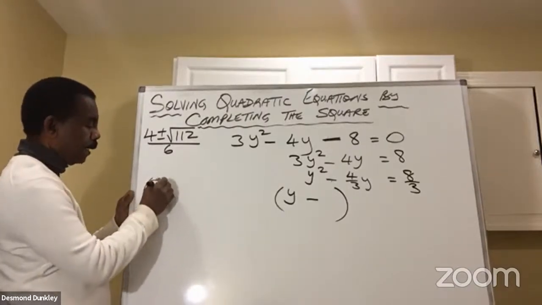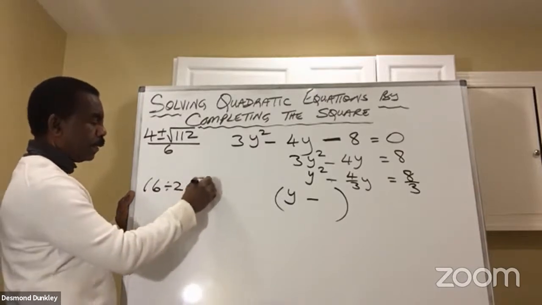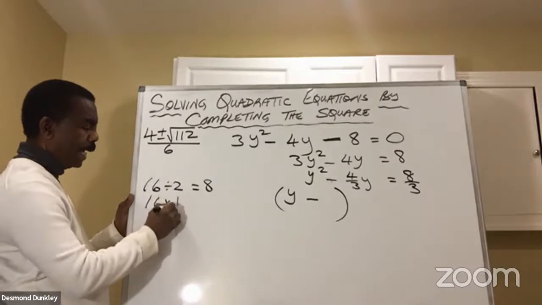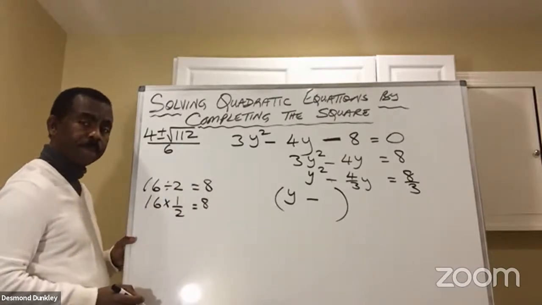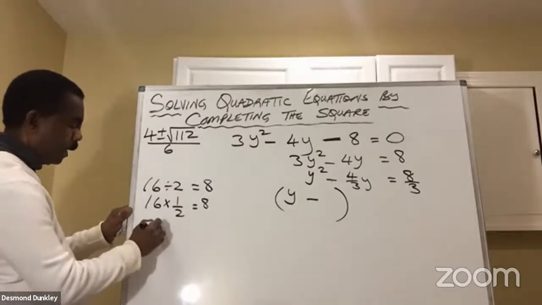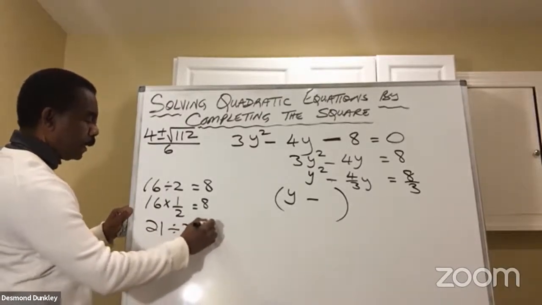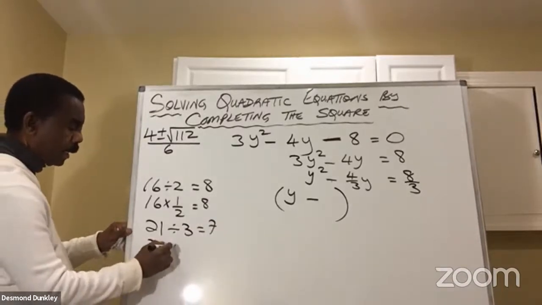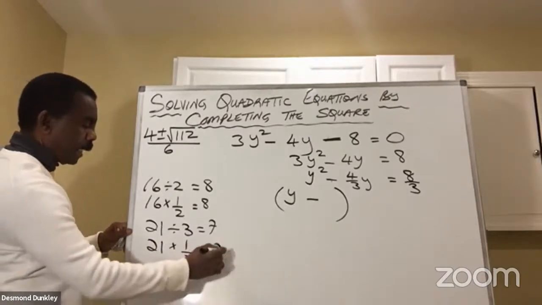16 divided by 2 is 8. 16 multiplied by a half is 8. 21 divided by 3 is 7. 21 times 1/3 is 7.